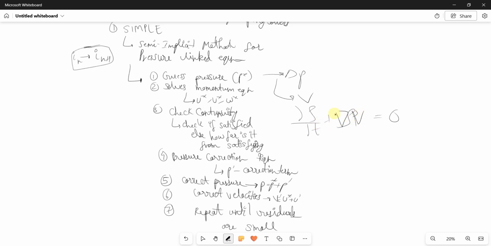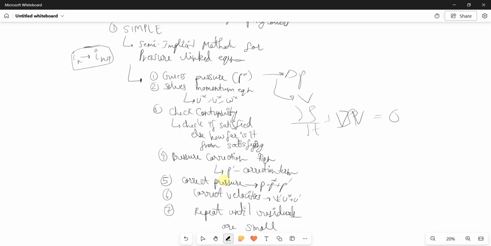So you put the v over here, you check if it is satisfied. If it's not, you check how far it is from getting satisfied. So using that, you make a correction equation for the pressure, and then you find the correction term p dash. So this is why I said that pressure is the control factor for velocities.